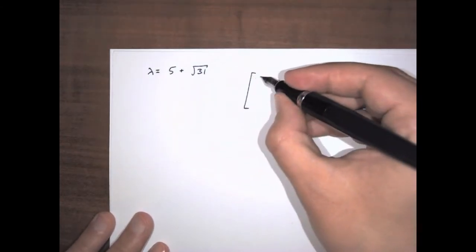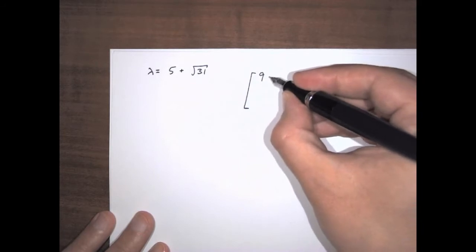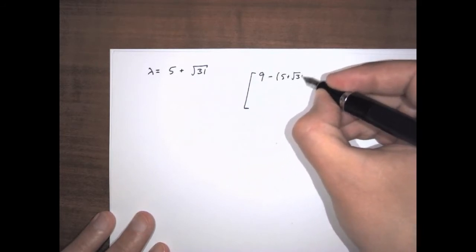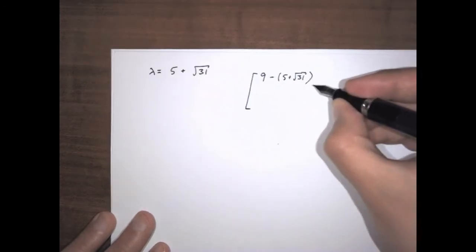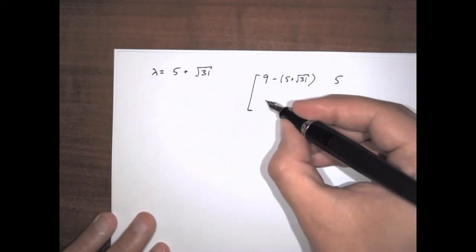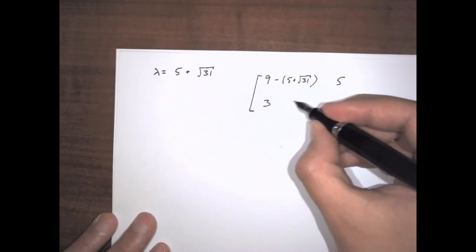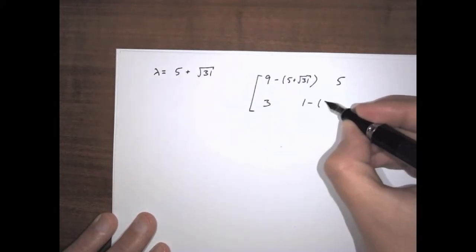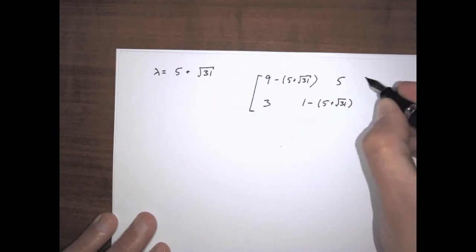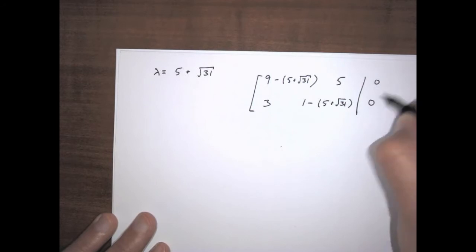9 minus 5 plus the square root of 31, and then 5, and then over here 3, and then 1 minus 5 plus the square root of 31, augmented with zeros.